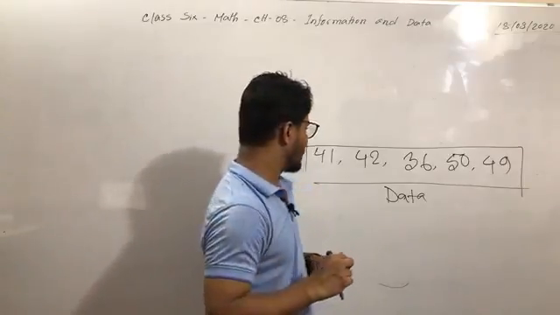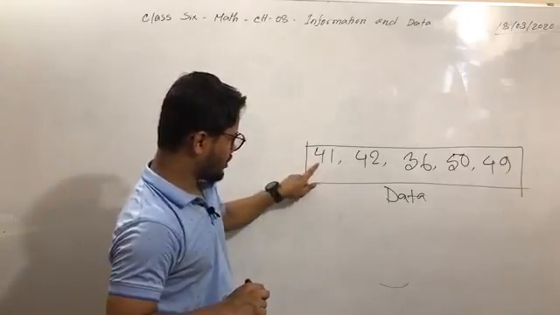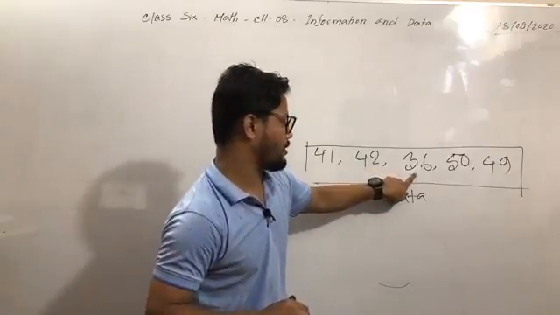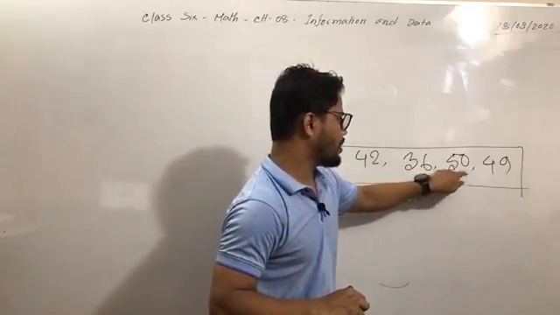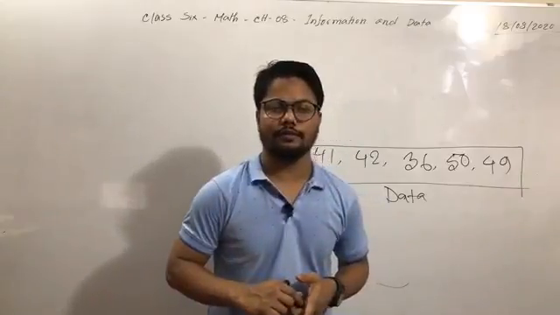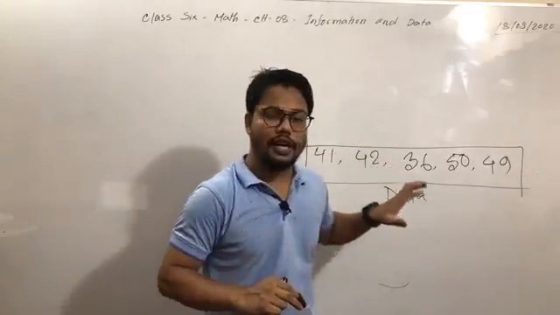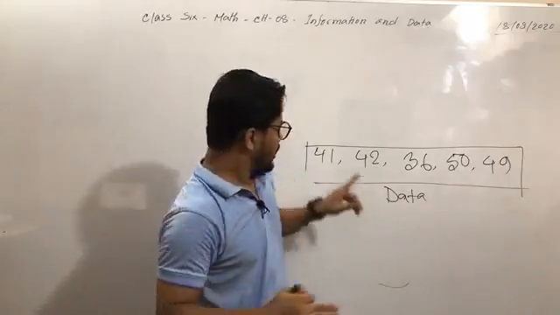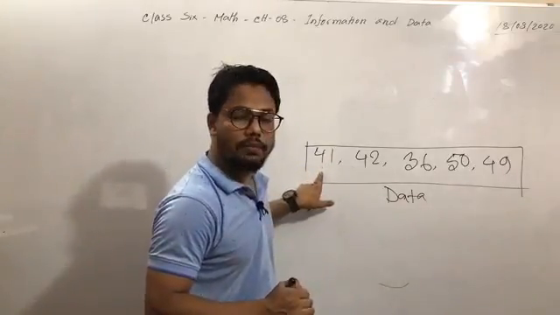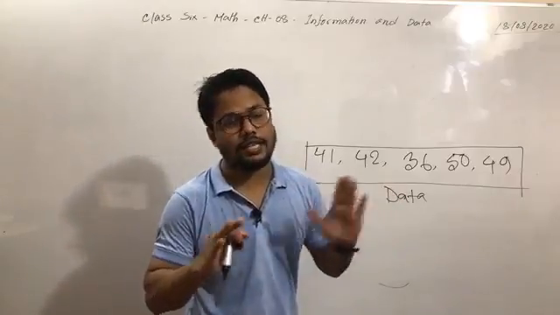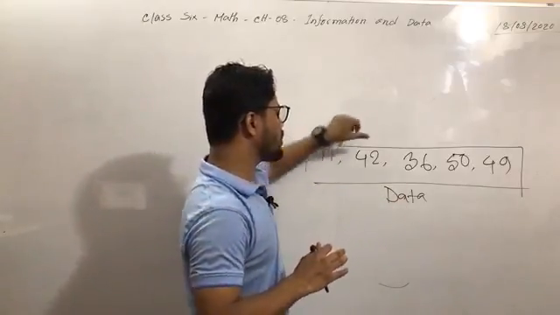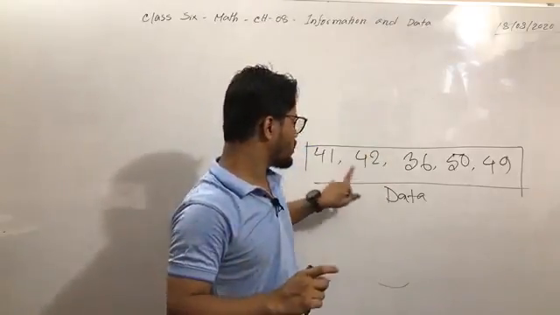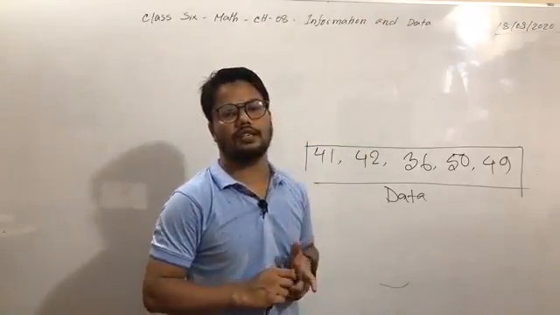Just give attention. 41, 42, 36, 50 and 49. These numbers are not arranged in ascending or descending order. If you see numbers not arranged in ascending or descending order, this will be unorganized data.